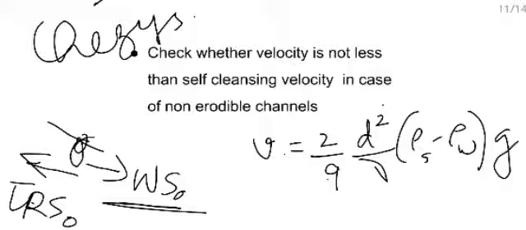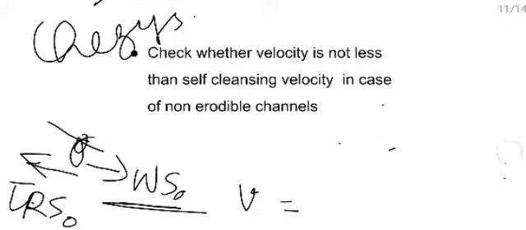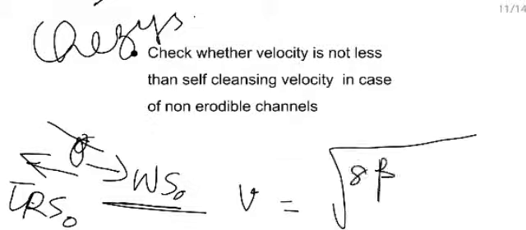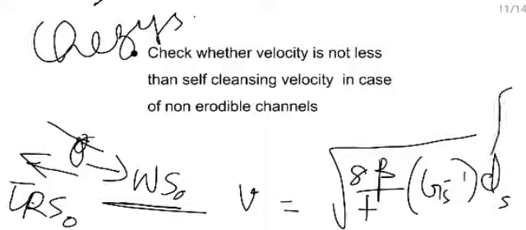Combining these two factors, another equation is there, which is of much more importance than this: V equal to root of 8 beta by f into (Gs minus 1) into d, where d is the particle size, Gs is the sediment specific gravity, beta is a constant coefficient that depends on roughness only, just like our parameter n, and f is the friction factor.